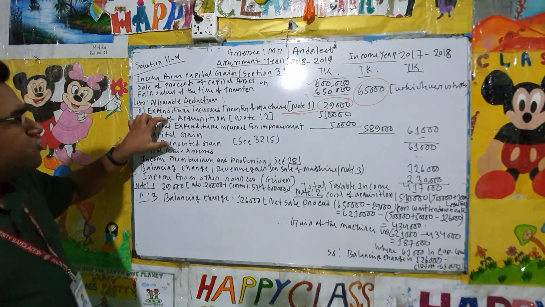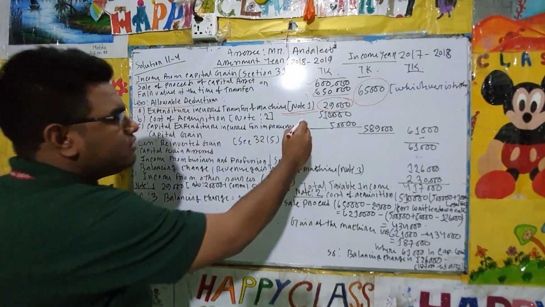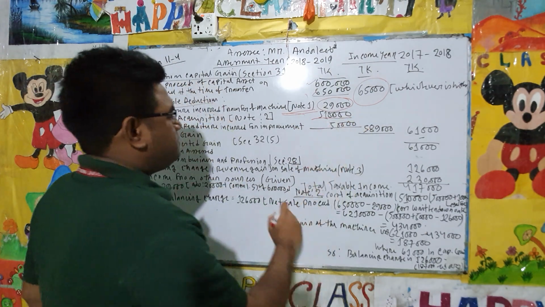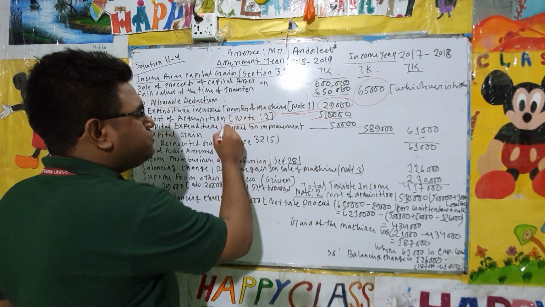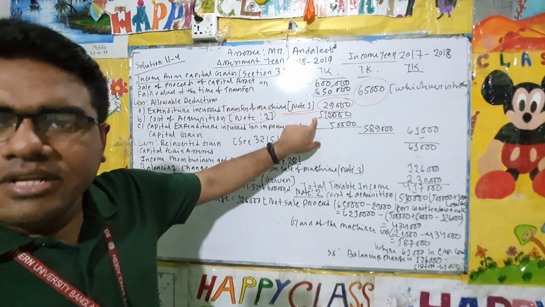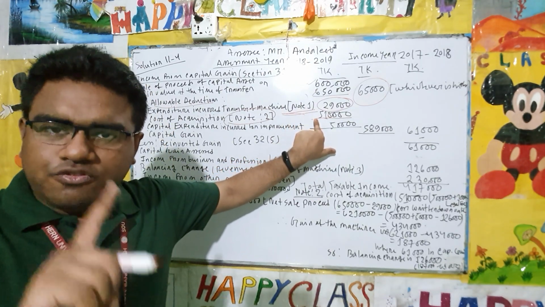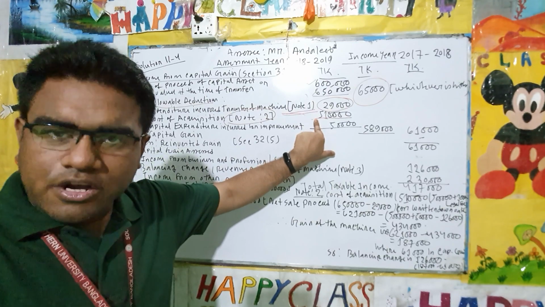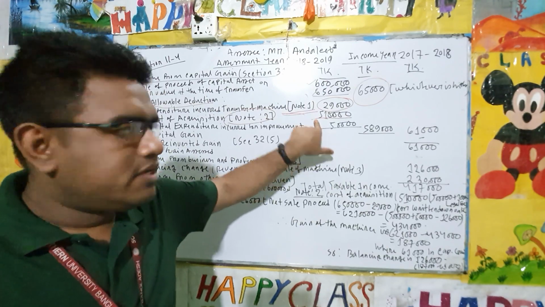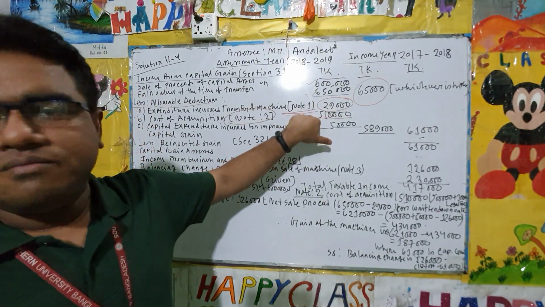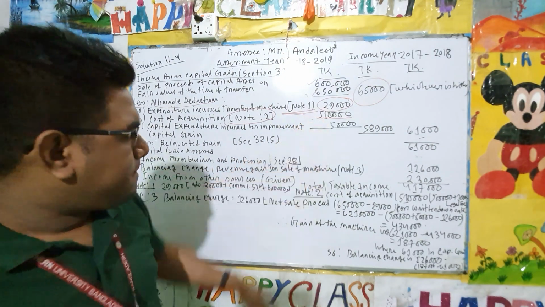Now B, cost of acquisition. Again, 5,10,000. Note number 2. You have got this 5,10,000 from the note. So you have to make the note, you have to show the calculation, then you can write the figure here.